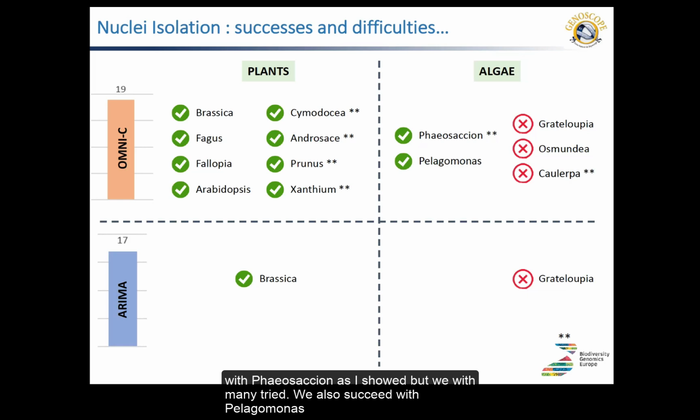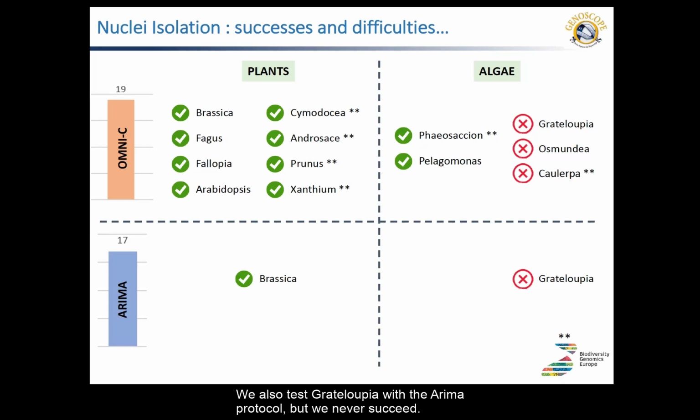We also succeeded with Pelagomonas, that is a microalga, but we failed with the Gracilaria, the same as you have. We sent you Osmundea, another red alga, and Caulerpa is the green alga from the BGE project. And we also tested Gracilaria with the ARIMA protocol, but we never succeeded.